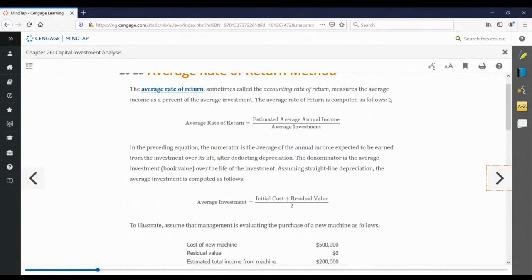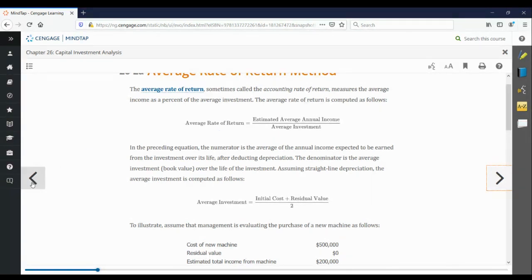We would determine the average rate of return on each one of those assets, and then we would decide which one has the highest average rate of return. And if it meets our expectations for management, then we would choose that asset to evaluate further.